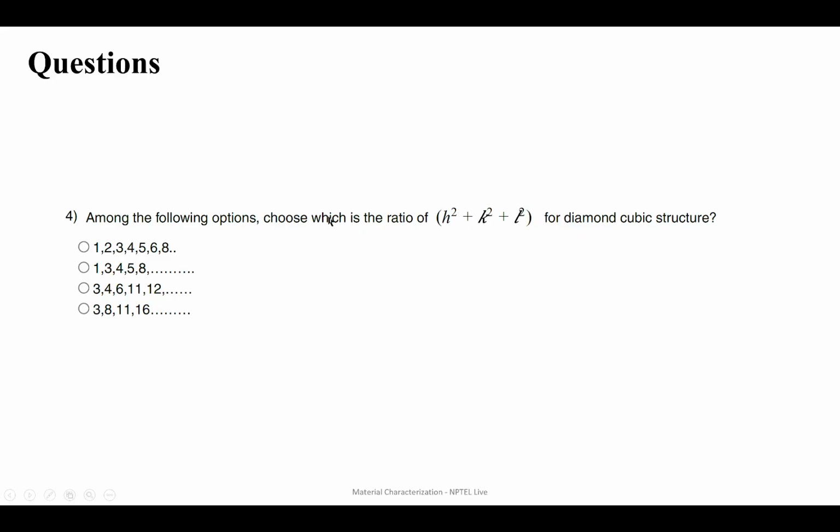Among the following options, choose which is the ratio of h square plus k square plus l square for the diamond cubic structure. 1, 2, 3, 4, 5, 6, 8; 1, 3, 4, 5, 8; 3, 4, 6, 11, 12; 3, 8, 11, 16.